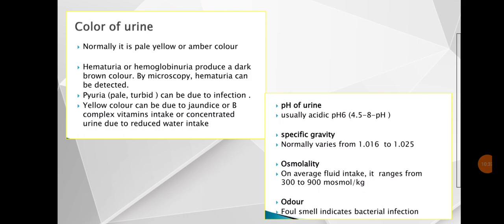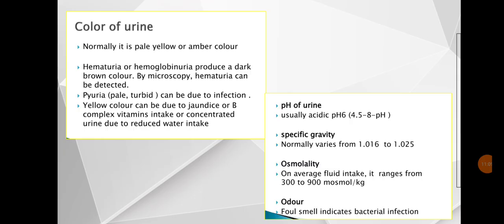But when the patient is affected with diabetes mellitus, their urine will always become thick, turbid, as well as dark yellow. If dark yellow, it means tubular dysfunction is there, like the reabsorption capability of the renal system has failed. That is the symptom. Then the pH of the urine is usually around 6, but when the person is infected with urinary infections, their pH might be 4.5 to 8, meaning acidic to alkaline conditions.